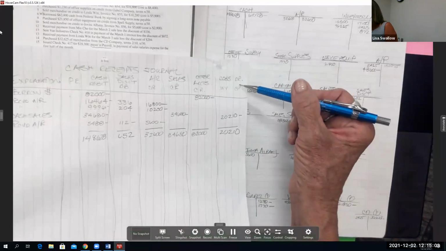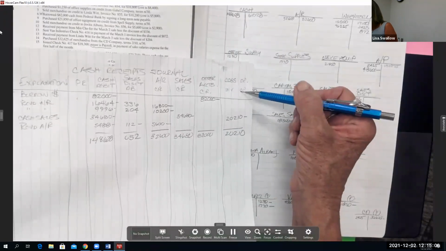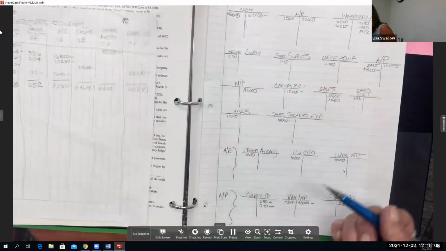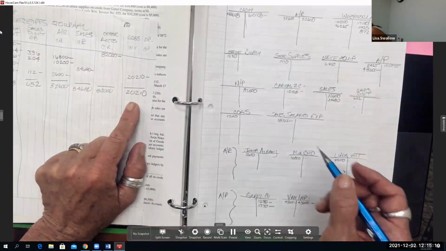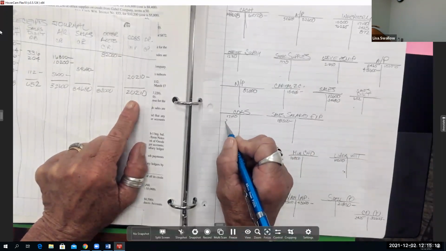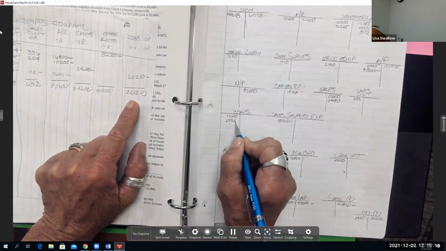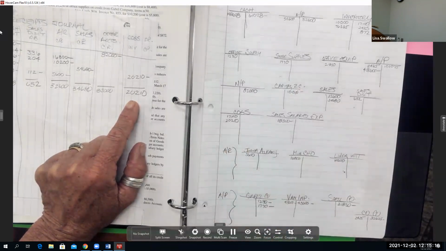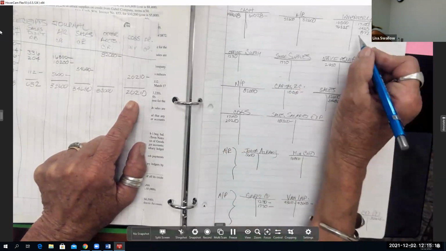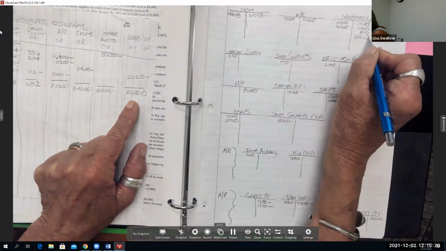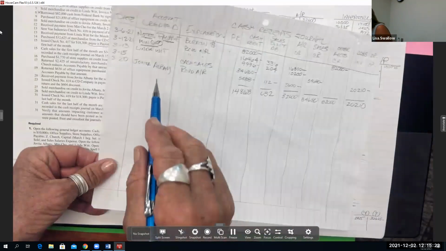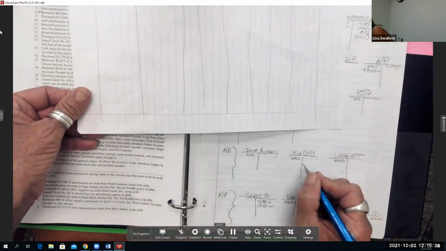And don't forget, this one's tricky. You've got to debit COGS and credit inventory, don't you, on your cash receipts? And then don't forget your subsidiaries.